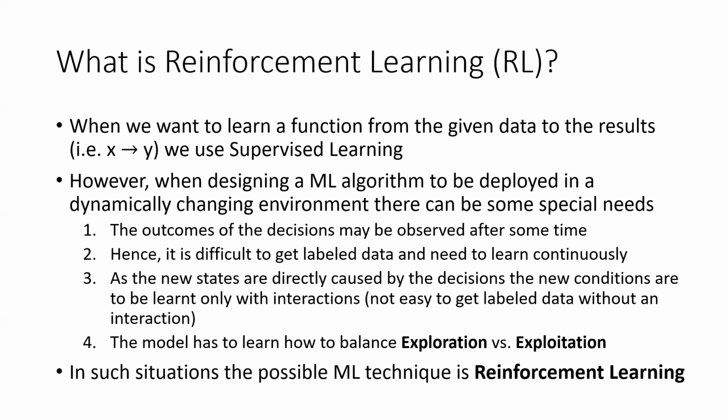So you get some feedback, whether it is a positive one or a negative one. Because these feedbacks are dependent on your actions, you can't generally use supervised machine learning, because only when you are interacting with the environment can you change the decisions and get the feedback, right?